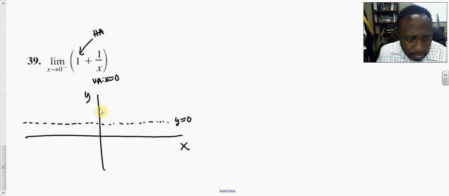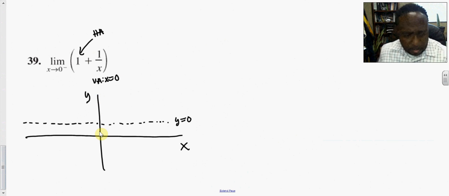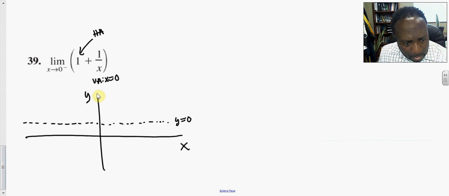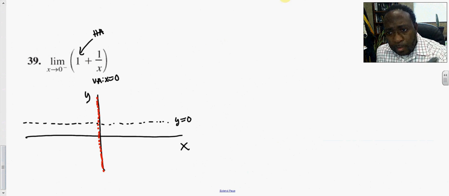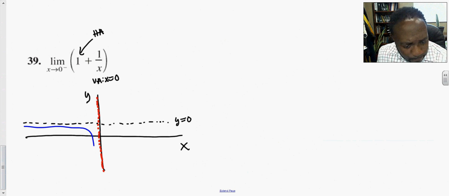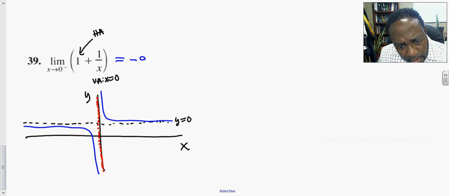The vertical asymptote x equals 0, or the y-axis. So this is the graph. So as x approaches 0 from the left, this goes downstairs into the abyss, and that's negative infinity.